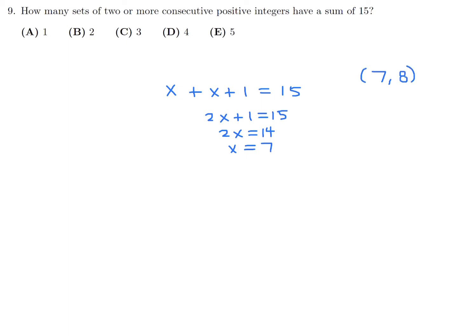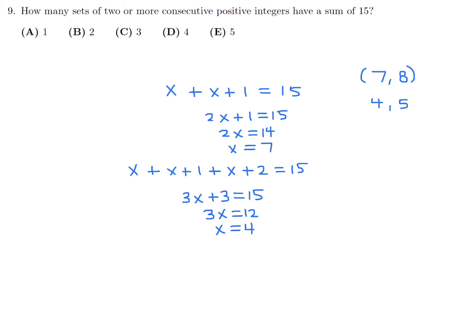That's one set. Let's see if we can get any more sets. How about if we have three consecutive positive integers? That would give me x, x plus 1, and x plus 2. This is 3x plus 3 is equal to 15. 3x is equal to 12, and therefore x is equal to 4. So that set is 4, 5, and 6.